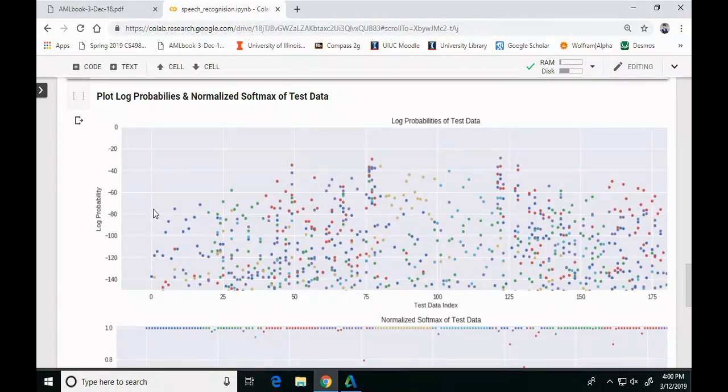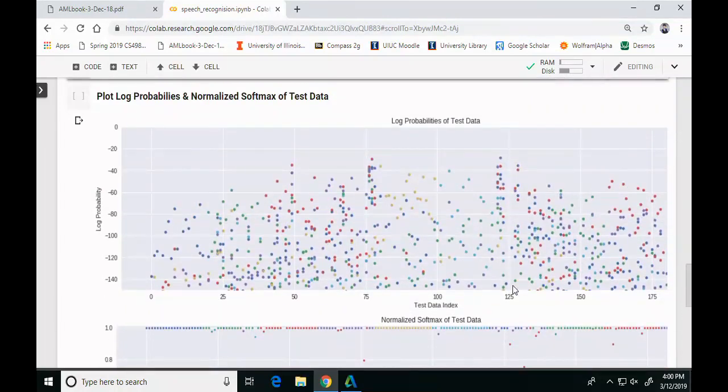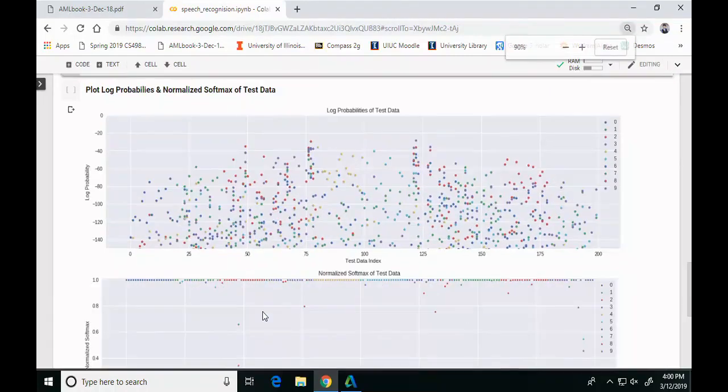The digits are, this over here is 0, the next range is all 1s, these are all 2s. I lost my legends here, but there we go, here are my legends.